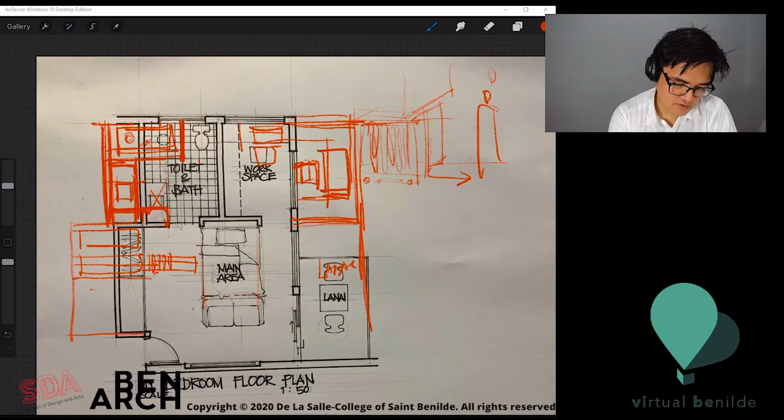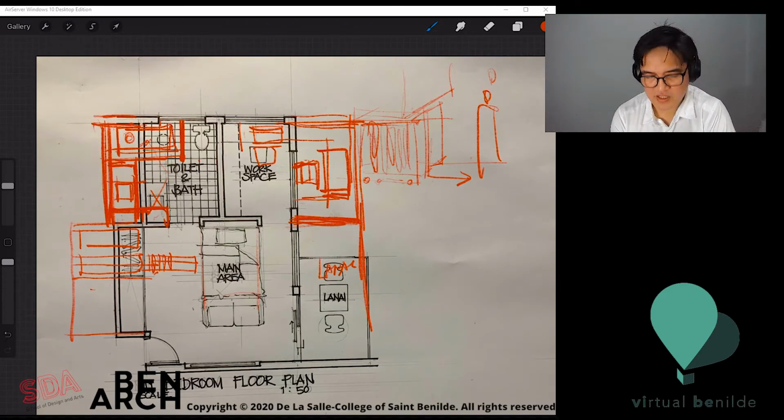So there are things that you can expand on and improve on with your plans. That's what we're going to be asking you to do this week 4: to come up with another iteration, which is improving your dream bedroom. Another thing I found as a mistake is that the niche for the TV is off-centered.